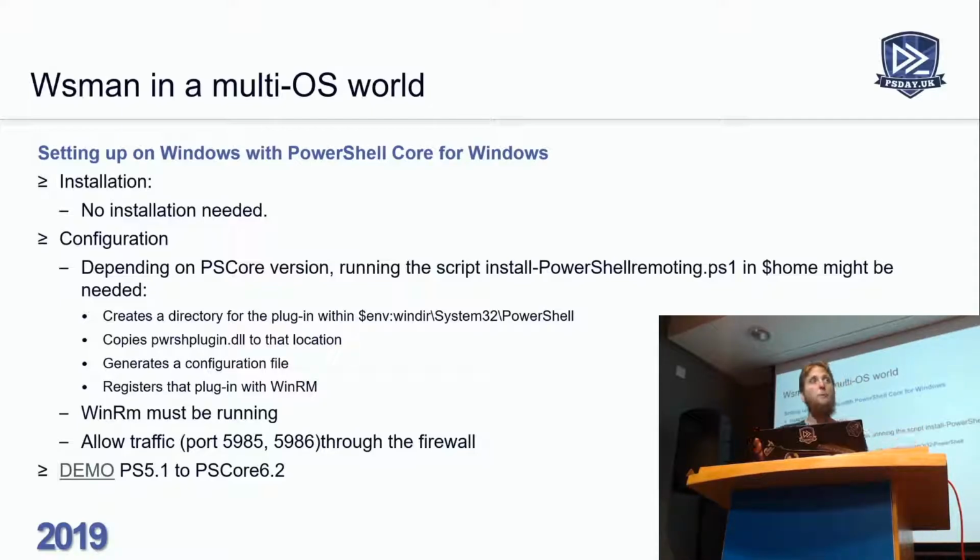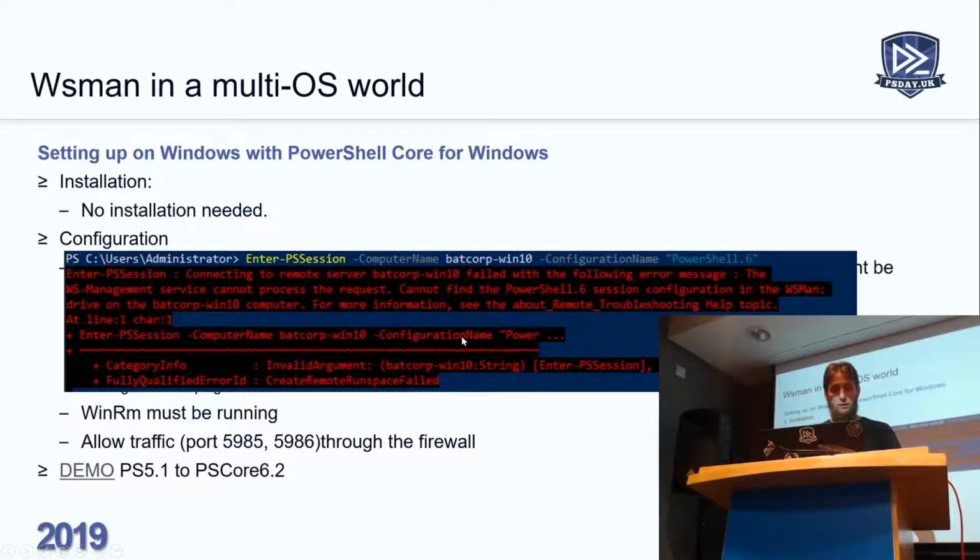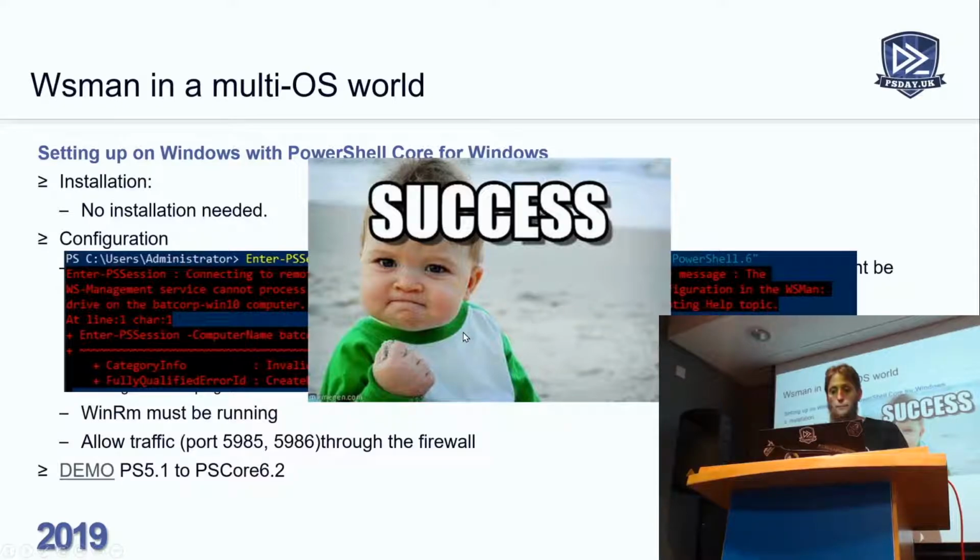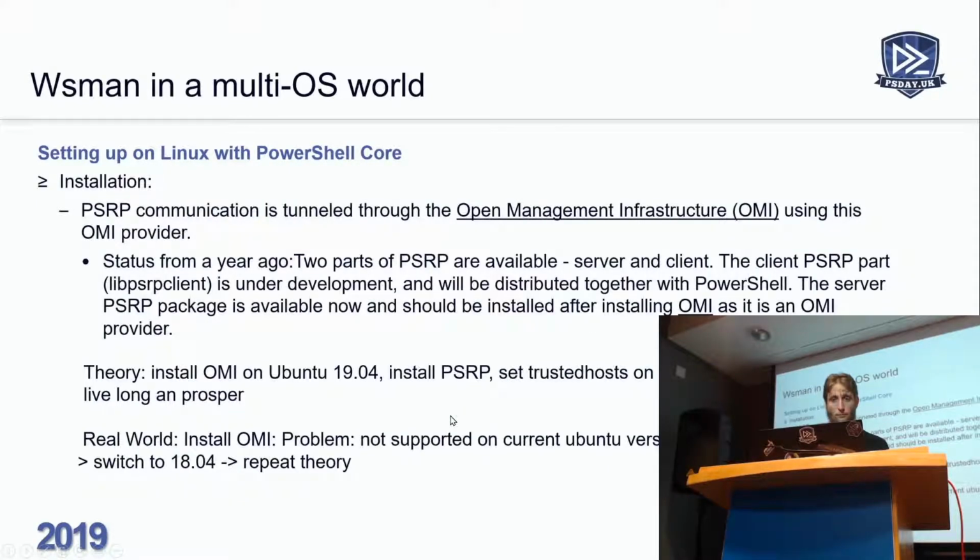The client can make use of both, even though it is just PowerShell Core. Okay, that's what I should have said before. And finally, with that one, easy going, working. Not much configuration to do.